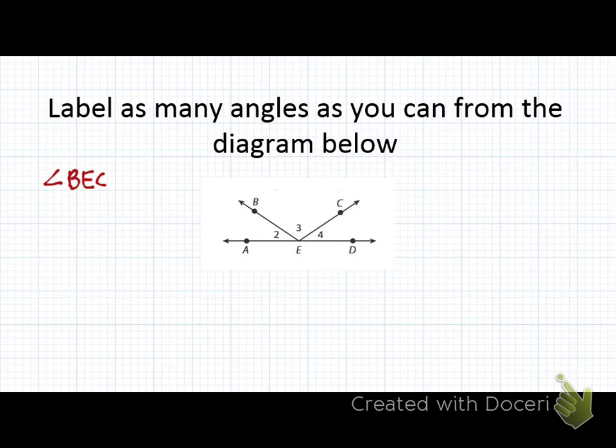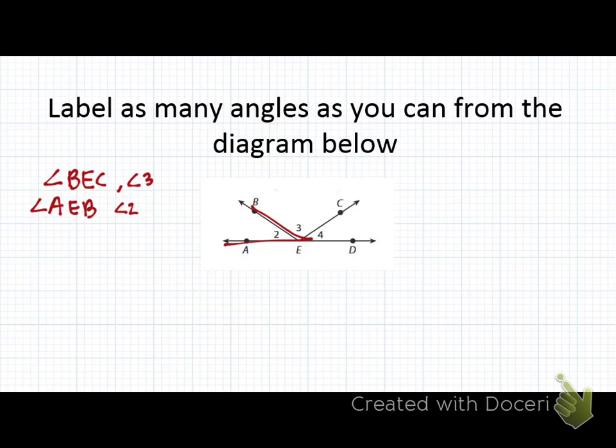Alright, here we go. Here are some more angles. So notice that BEC has an angle in the middle. This is called 3. We could call angle BEC angle 3. It's the same angle. Okay, we also have angle AEB, which is angle 2.